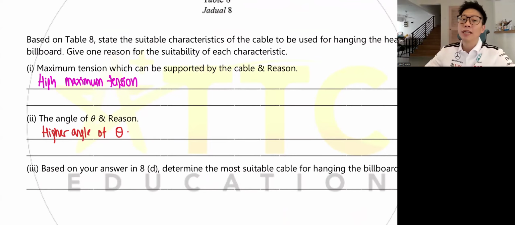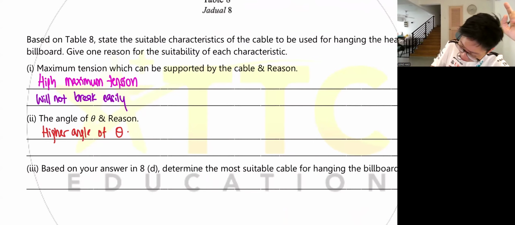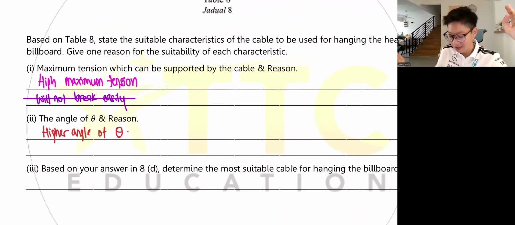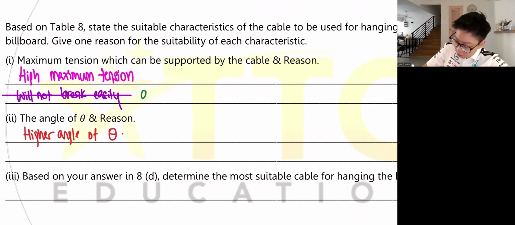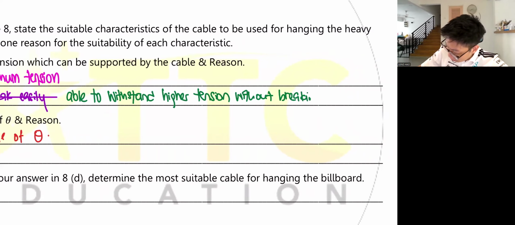So kalau higher maximum tension, guys, don't write this will not break easily. Then what should you write? The answer that I want is, I want you to write this: able to withstand higher tension without pecah, without breaking.